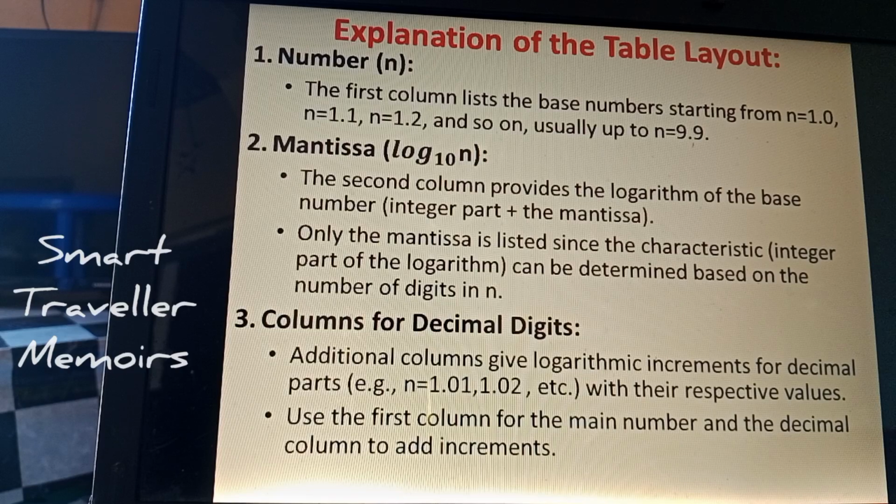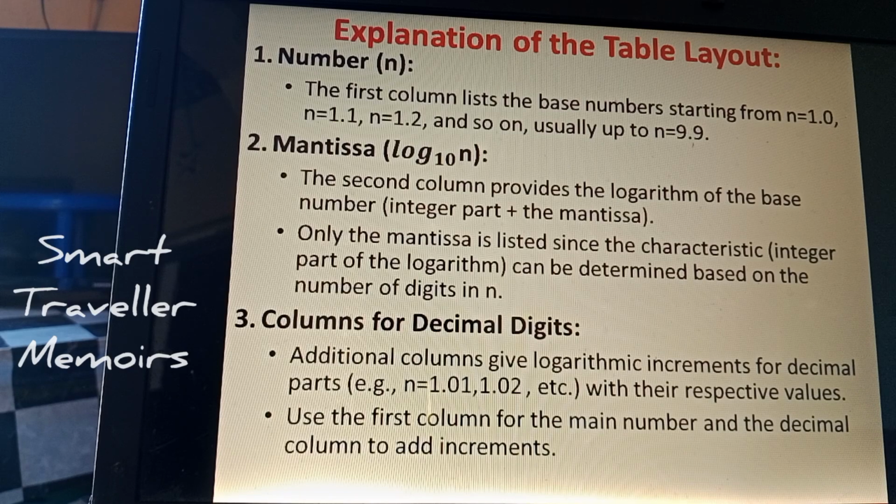Mantissa, the logarithm of n to base 10. The second column provides the logarithm of the base number, integer part plus the mantissa. Only the mantissa is listed since the characteristic or integer part of the logarithm can be determined based on the number of digits in n when you express the number in standard form.